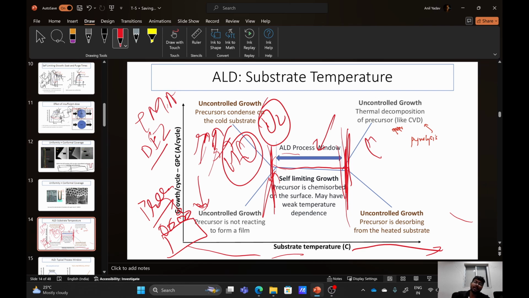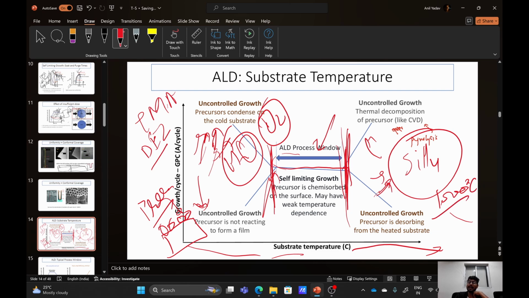If you take CVD, for example, there are some precursors like SiH4, silane gas. If you pass it over the substrate at very high temperatures, let us say 1000 degrees Celsius, it decomposes and gives silicon.